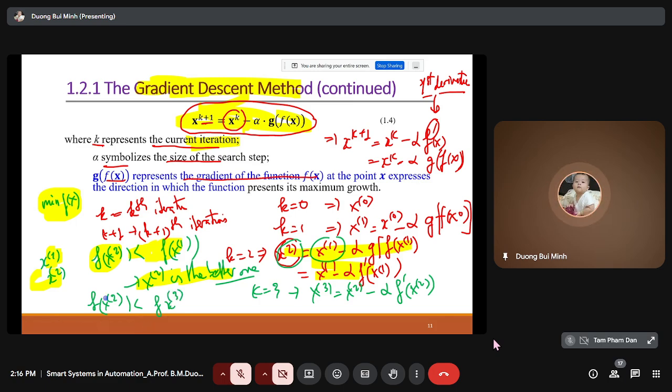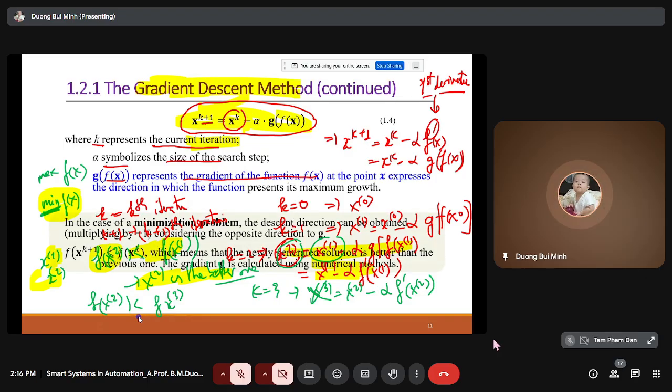If f(x2) is less than f(x3), that means your updated solution is not good, because f(x2) is smaller than f(x3). So it depends on whether we need the min or max of f(x). We have the comparison, and then you can choose the optimal solution.